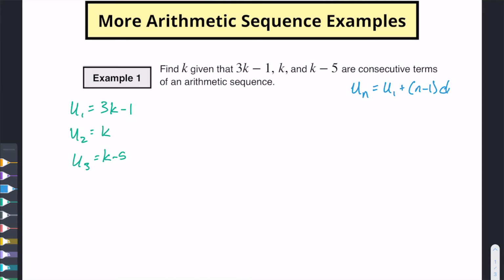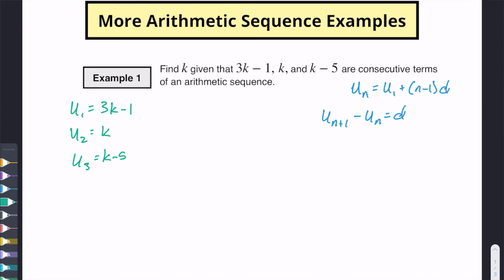u of n plus 1 minus u of n is equal to our common difference. Or quite simply, this thing minus this thing equals our common difference. So we could also find that. So maybe we start there and see what we come up with.